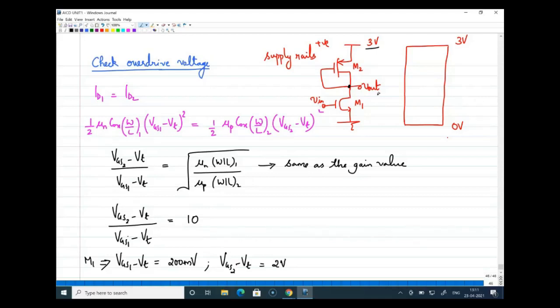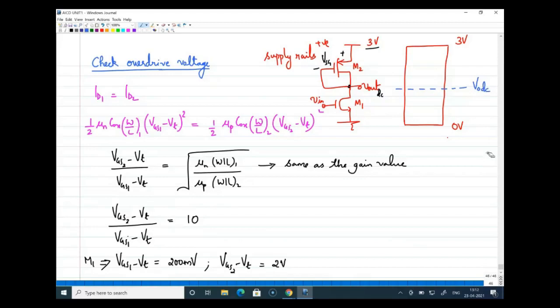That will definitely establish an output DC voltage, which is equal to VDD minus VSG. So this DC voltage is equal to VDD minus this voltage here. If I mark it as VSG, that is the output DC voltage. I'm not going into the details of that right now, but I would assume that this is the output DC level.